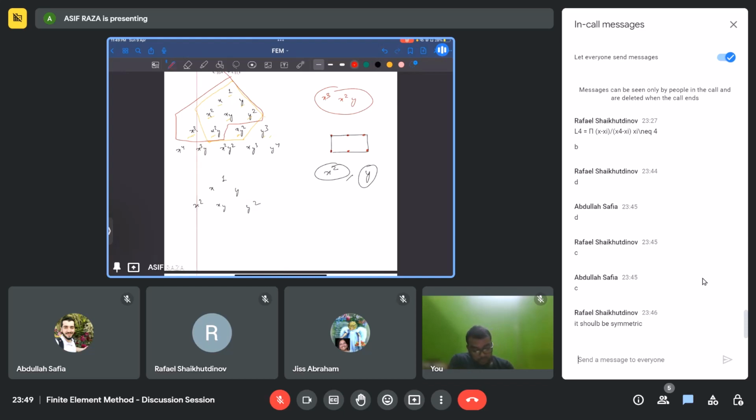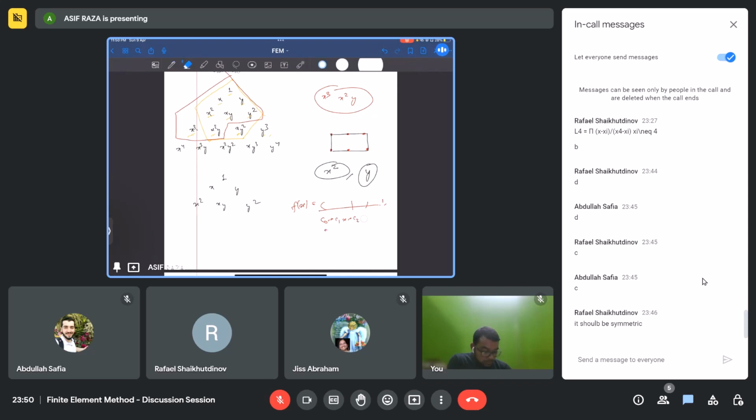But if there had been a case where x dominant needs to be taken, like if u is equal to c0 plus c1x plus c2x square, c2y plus c3x square plus c4xy plus c5y square.